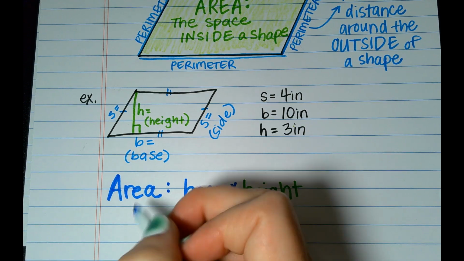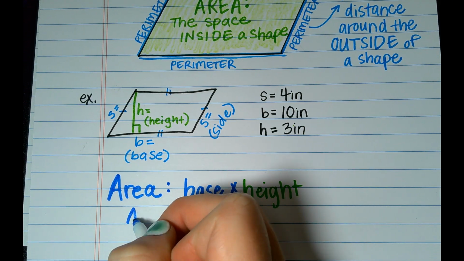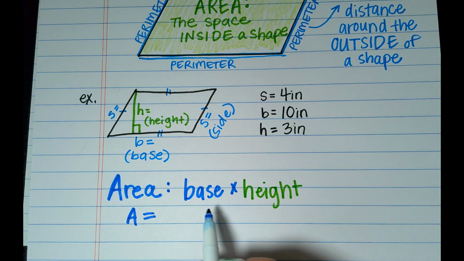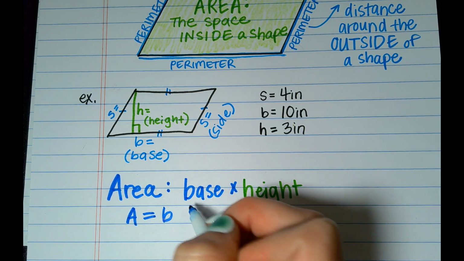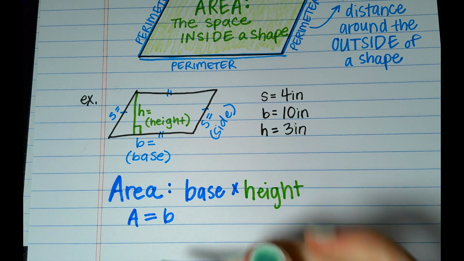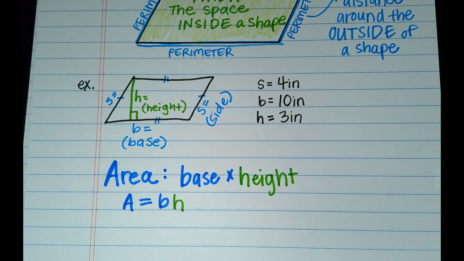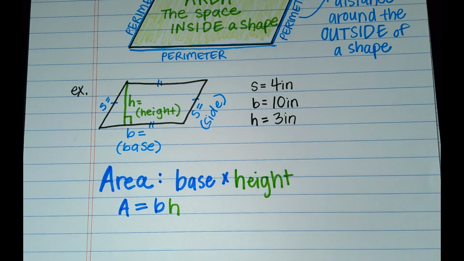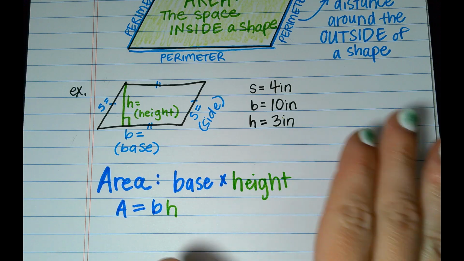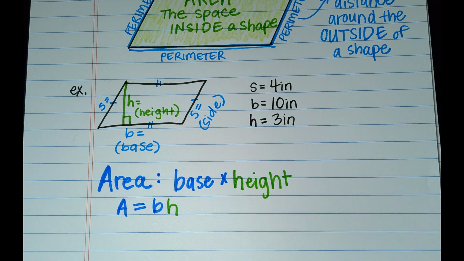And the formula that you'll see usually is just A for area equals B for base, H for height. So we've got base times height for area. So using these measurements that I gave you, what would we do to find the area of this parallelogram?